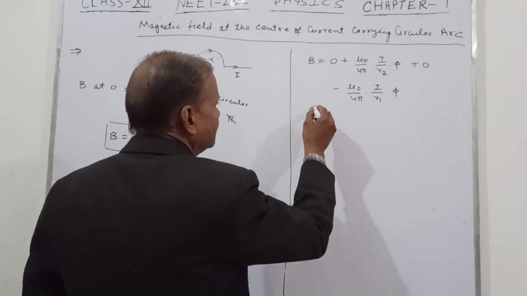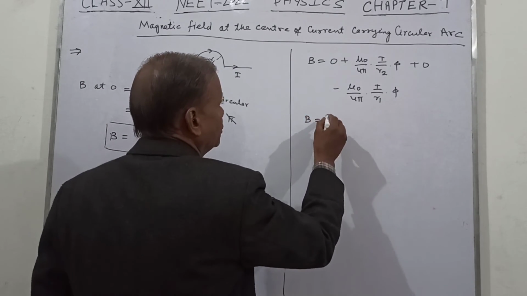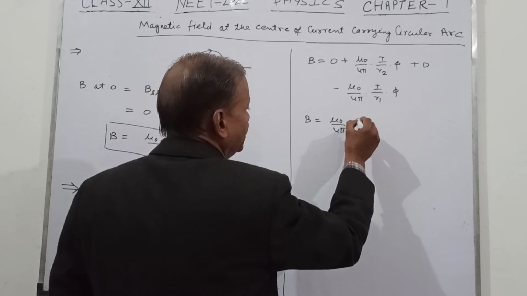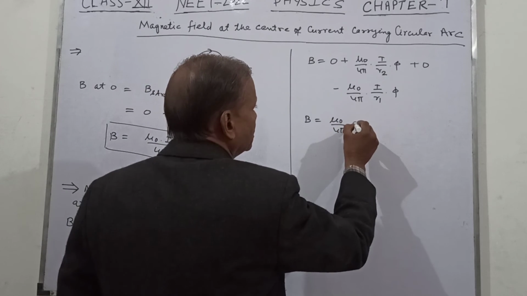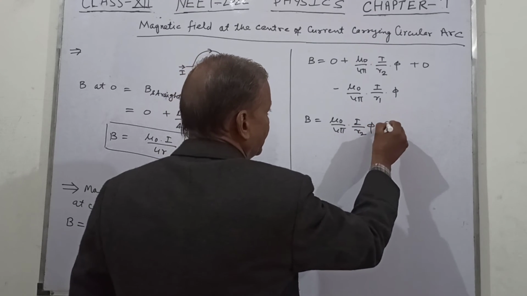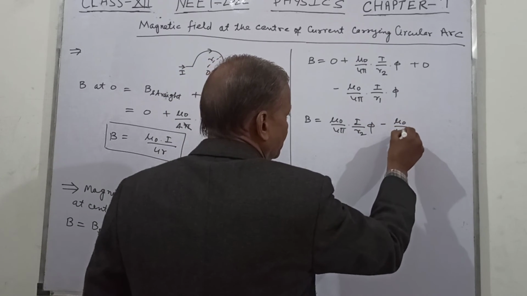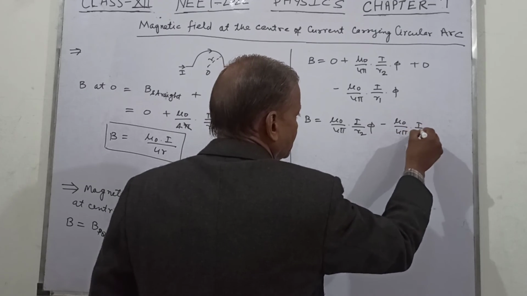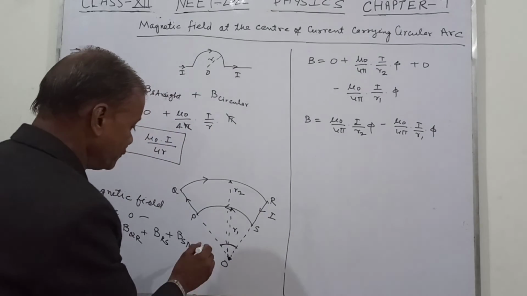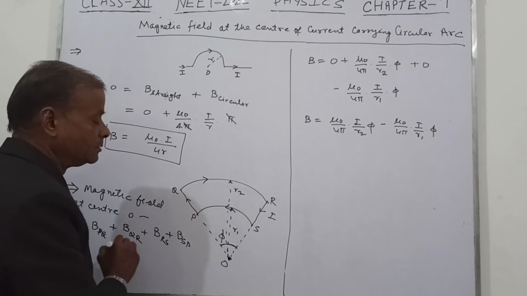So, what we have? B equal to mu naught upon 4 pi into I upon R2 phi minus mu naught upon 4 pi into I upon R1 into phi. So phi is the angle.